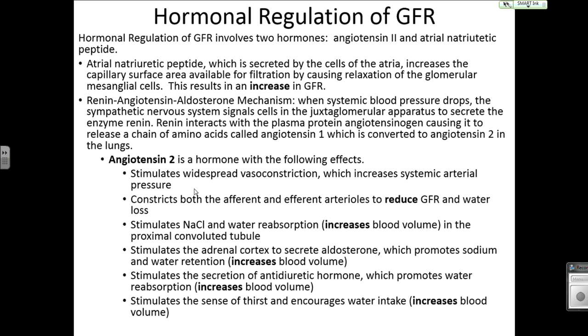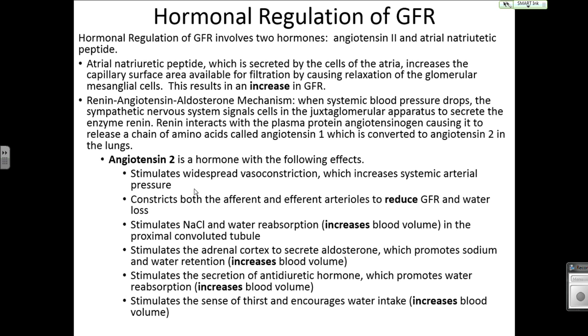So we're going to pee out less water, so less water will go into our urine. Any loss of water in our urine is going to affect blood volume. So if we decrease water in urine, we increase our blood volume. And any increase in blood volume causes increases in blood pressure.